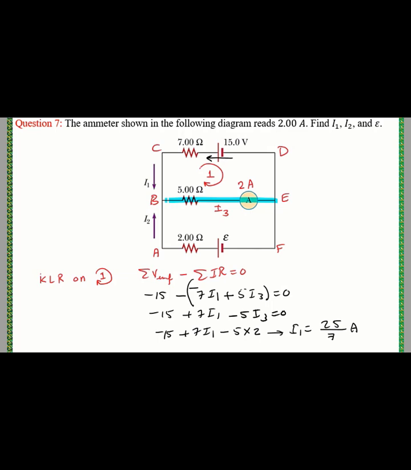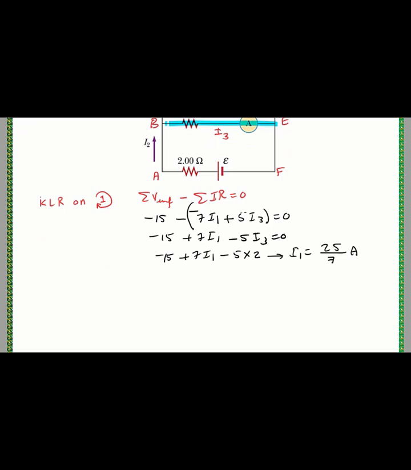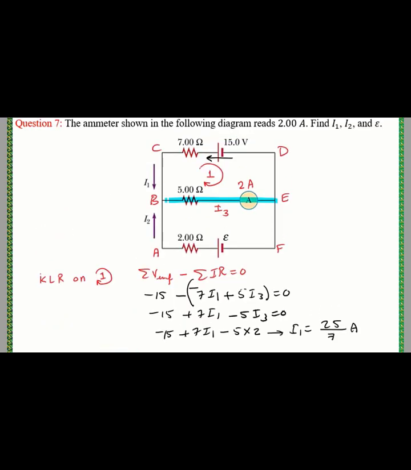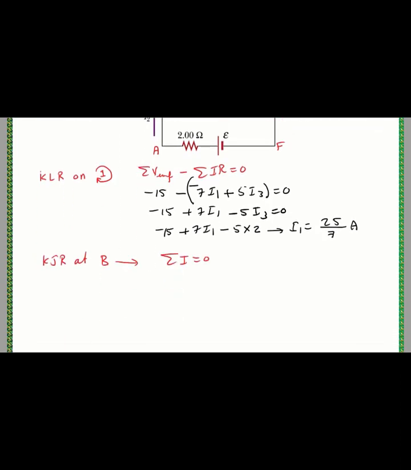Now we can find I2 applying Kirchhoff junction rule at point B. Sigma I equals 0. I1 going to the left, I3 left, I1 down, I2 up. So all of the currents are going into B. So all of them are positive.